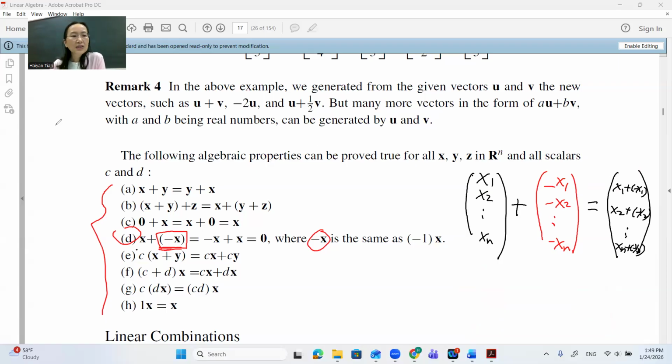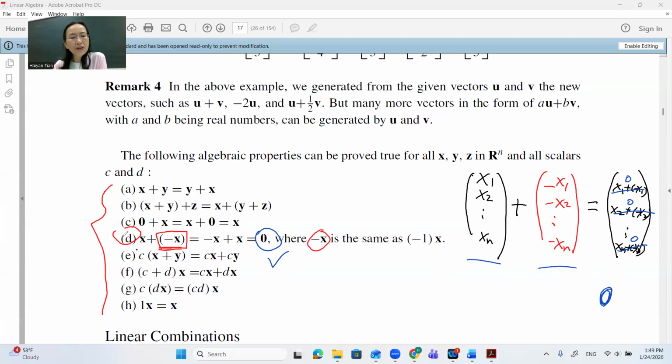Of course, each one is a 0. Each entry is a 0. That's a 0. That's also a 0. That's why we get the 0 vector. This is a 0 vector as a result of this sum.